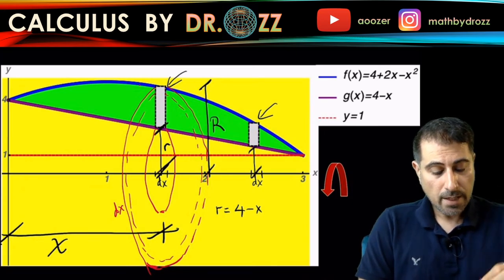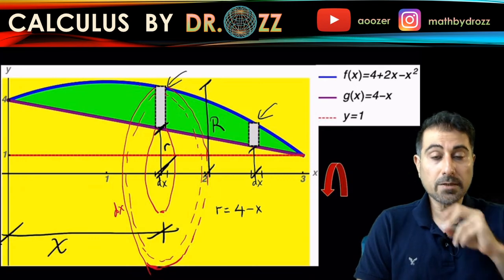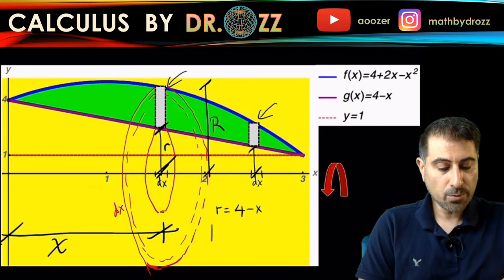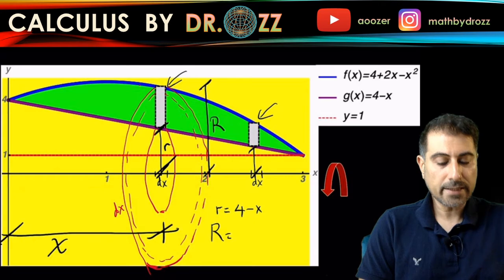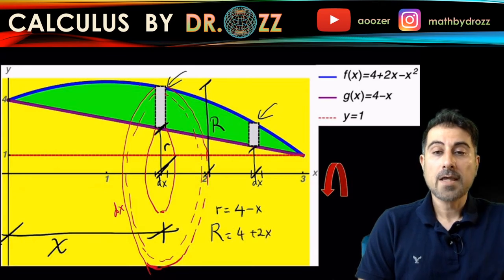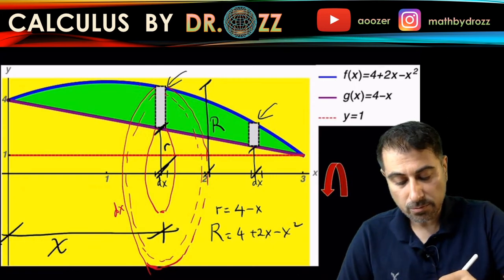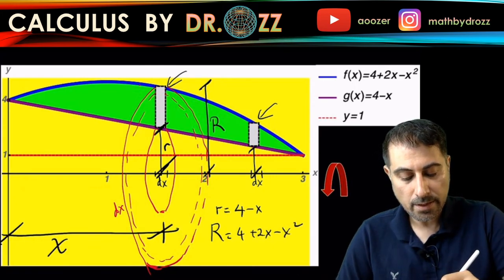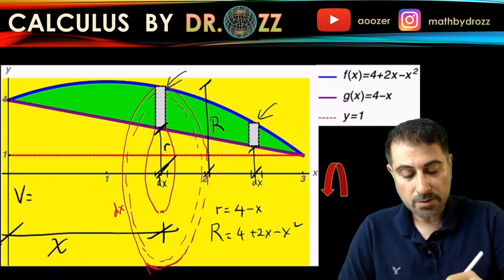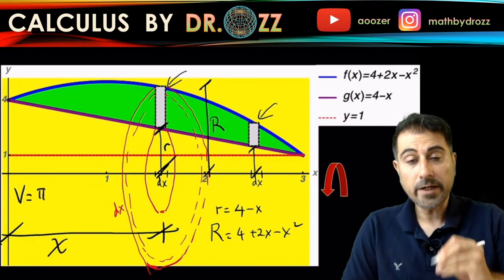Okay, and the capital R is determined by the blue curve, and that's in fact 4 plus 2x minus x squared. If you want to find the volume of the washer here, you look at pi times capital R squared.